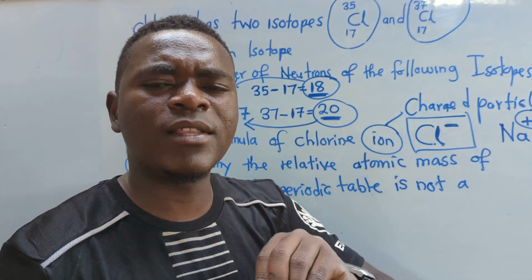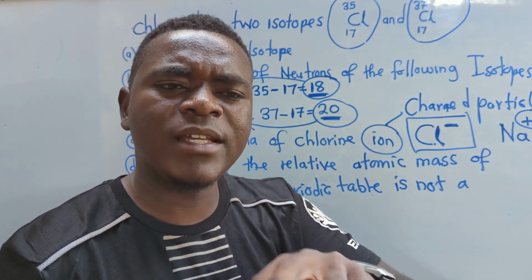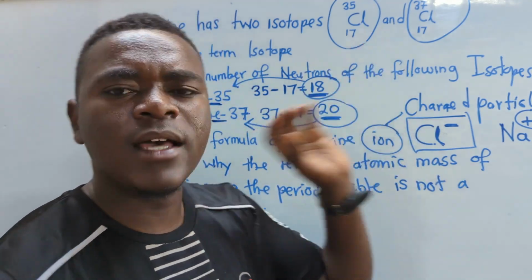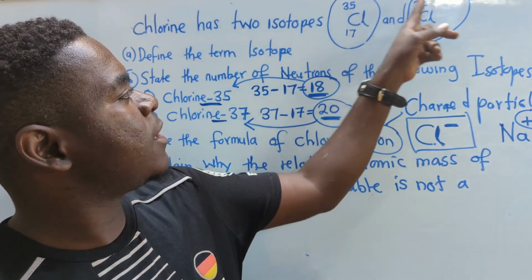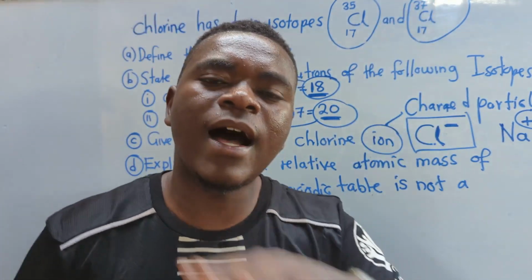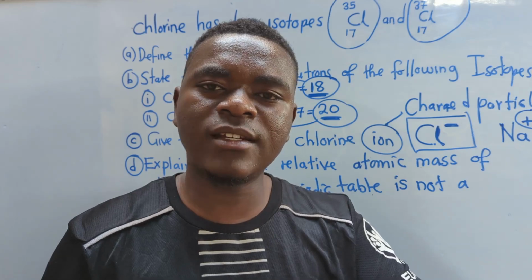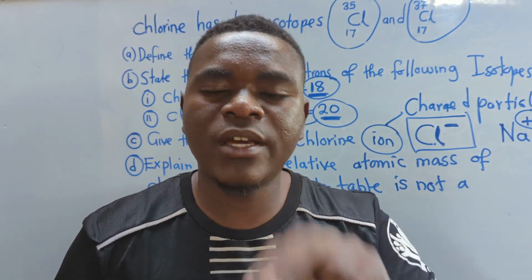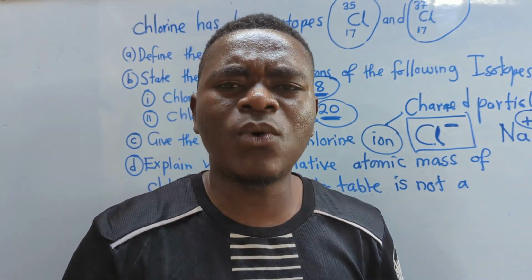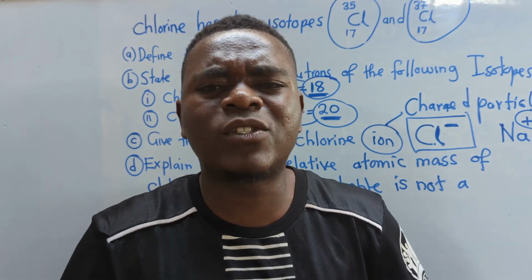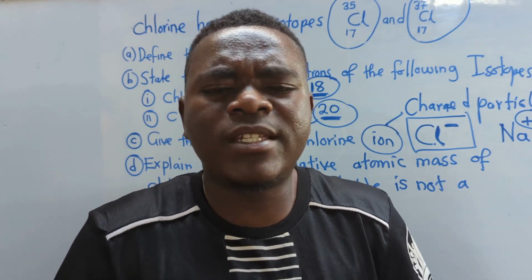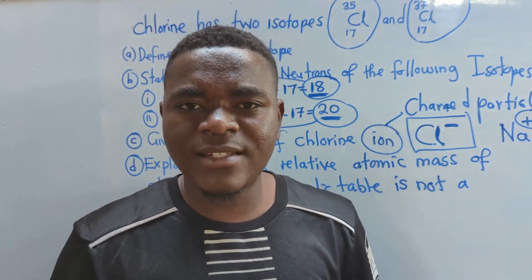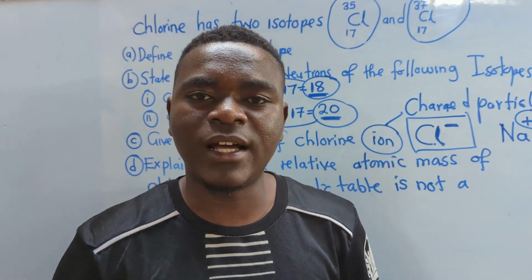That answer on the periodic table is found by getting the average of these isotopes. You get the masses, then we find their average. This is the reason why it is not a whole number, because of the existence of stable isotopes with different relative atomic masses. This is the answer you are supposed to put there.